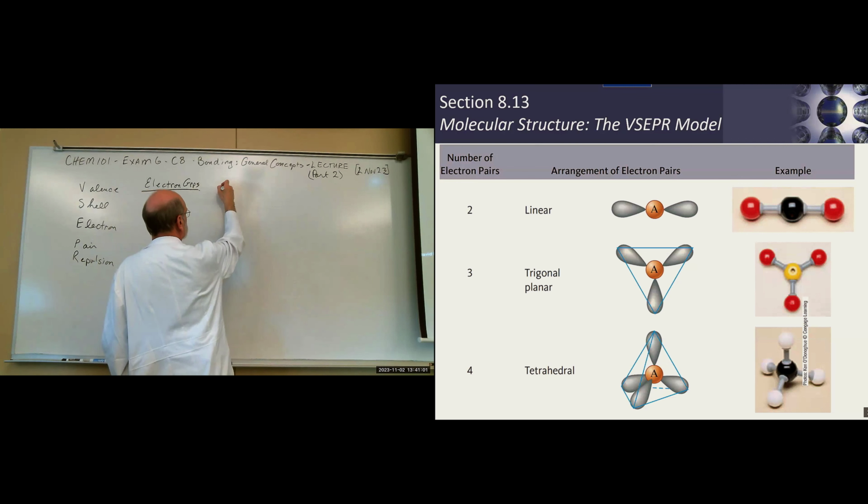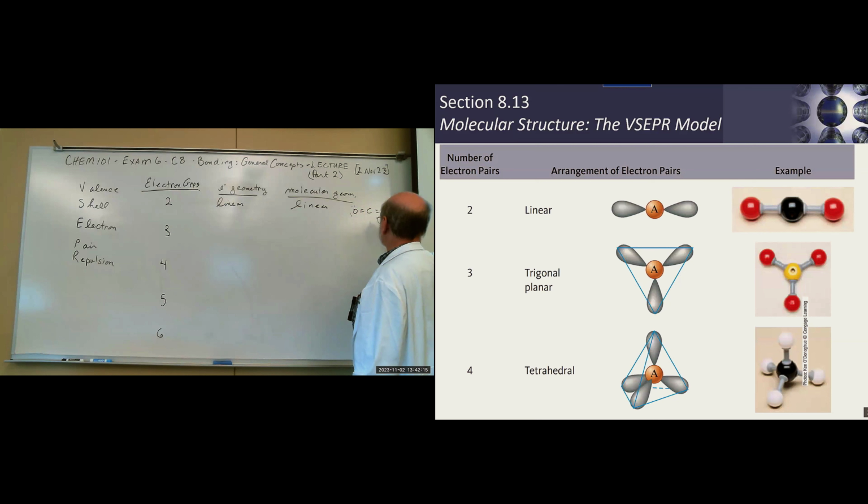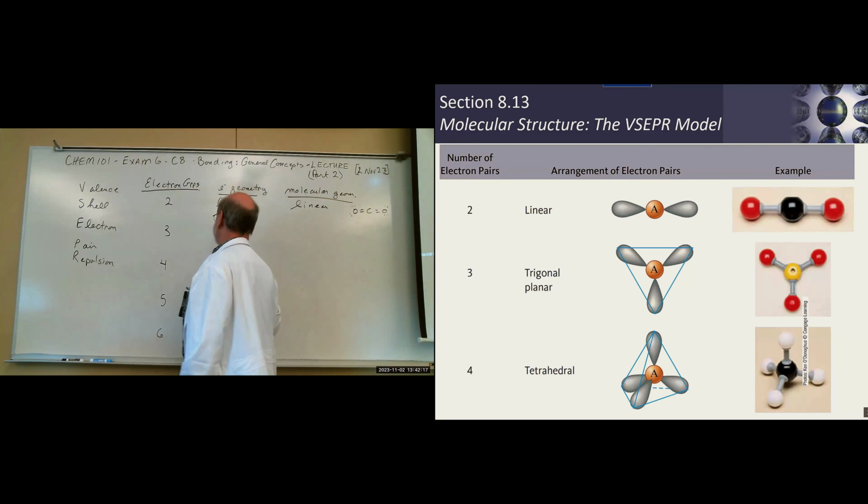But if you only have one bond and one pair on the other side, then it's still linear. Right? So this is the only possibility. Example, carbon dioxide.